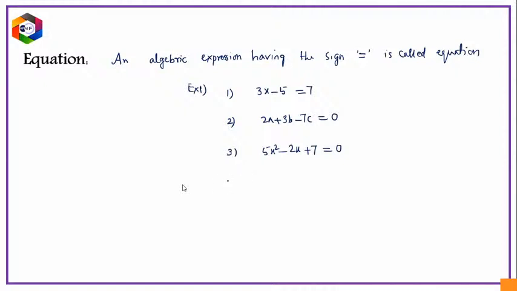It is also an equation. Or 5x square minus 7y square is equal to 10. So this is also an equation. Let us observe. In each and every case, we have an algebraic expression and it is having the sign is equal to. So each and every one is called an equation.